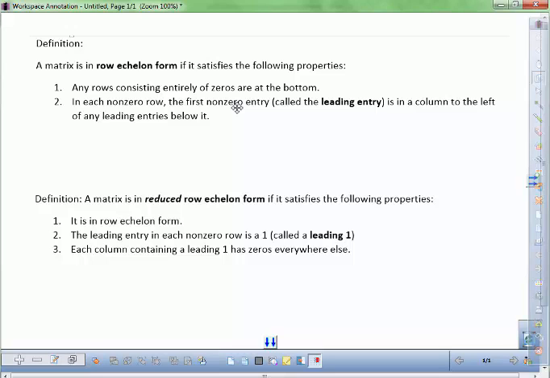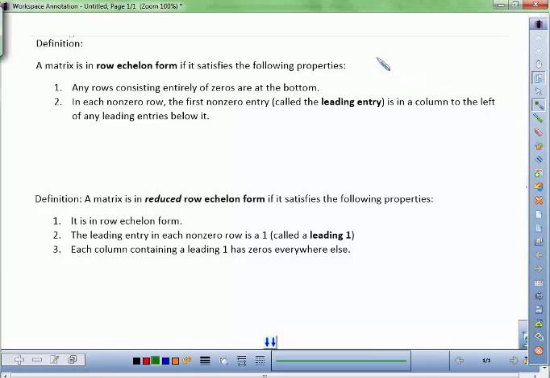So what this says is that you would have numbers. Let's do one with 4 rows, and let's imagine that the bottom row is full of zeros. So if you have any rows with zeros in it, it would be in the bottom.